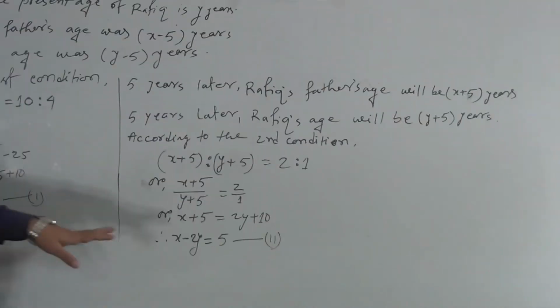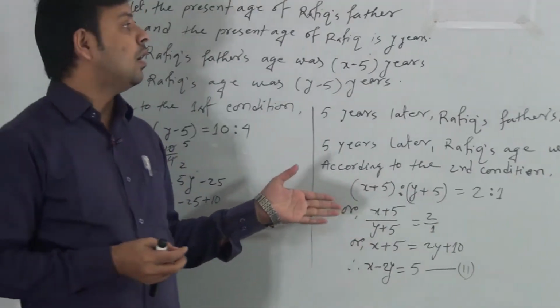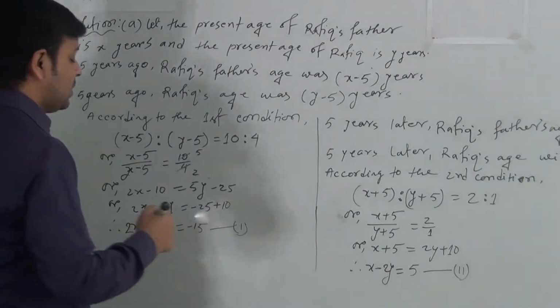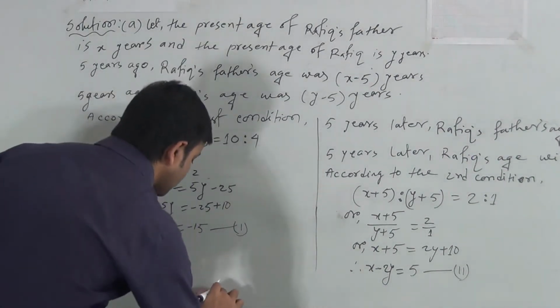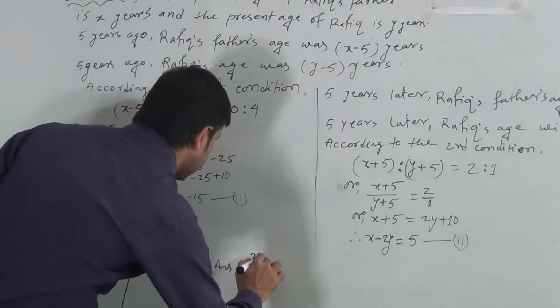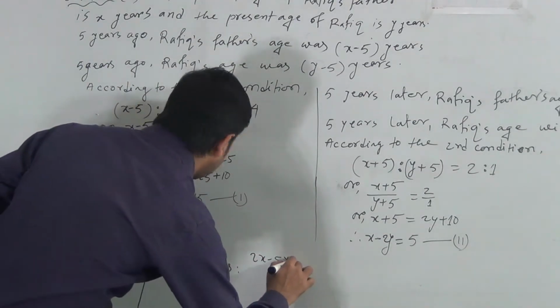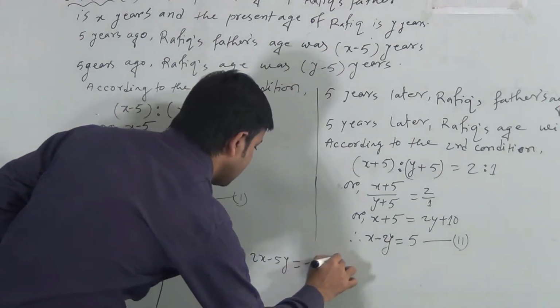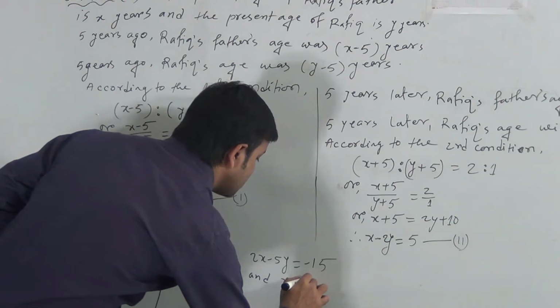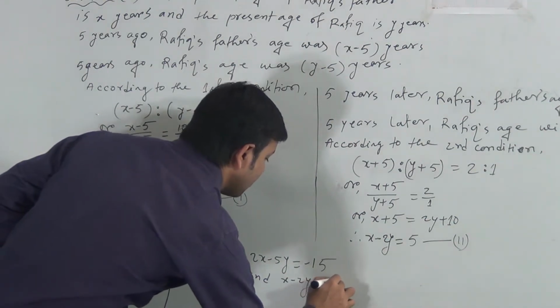These two equations are the required equations from the given condition, and this is the answer of question A. So the answer of question A is 2x minus 5y equal to minus 15, and another one is x minus 2y equal to 5.